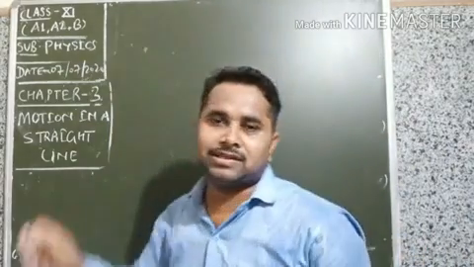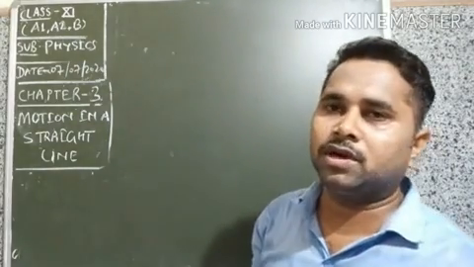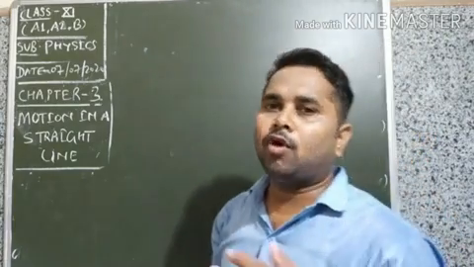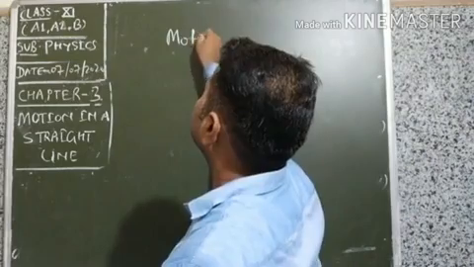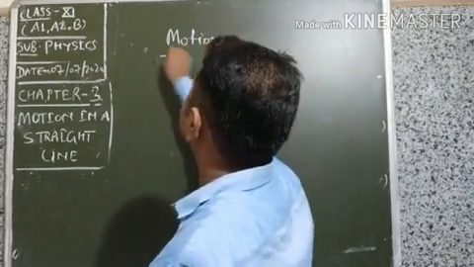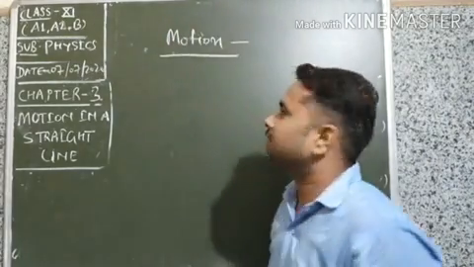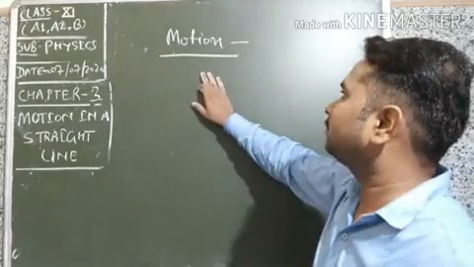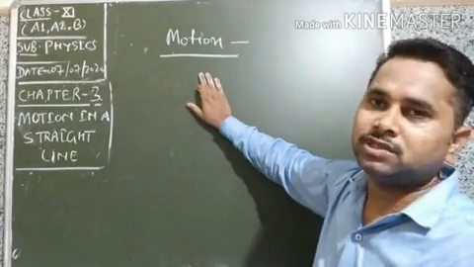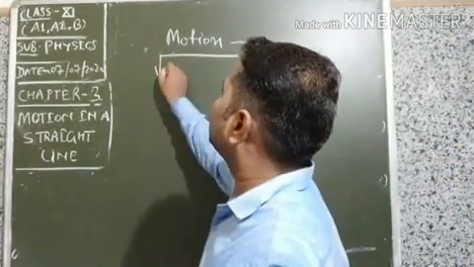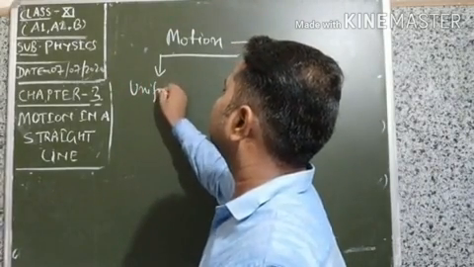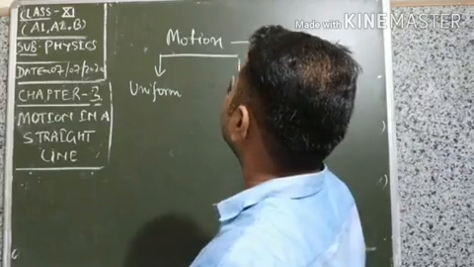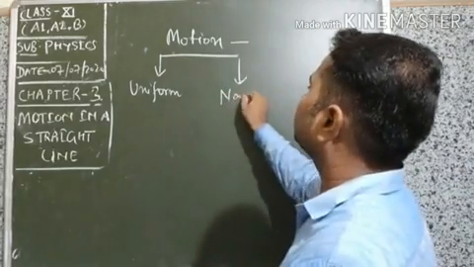Generally, we categorize motion in two parts: uniform motion and non-uniform motion. All these we have discussed in class 9th. I am revising all these terms here. Motion is divided first into uniform motion and non-uniform motion.